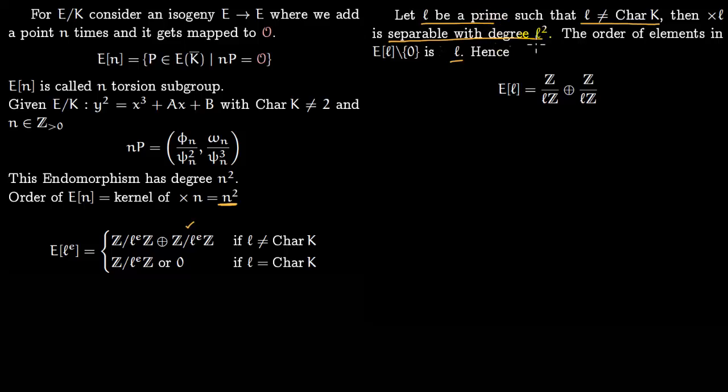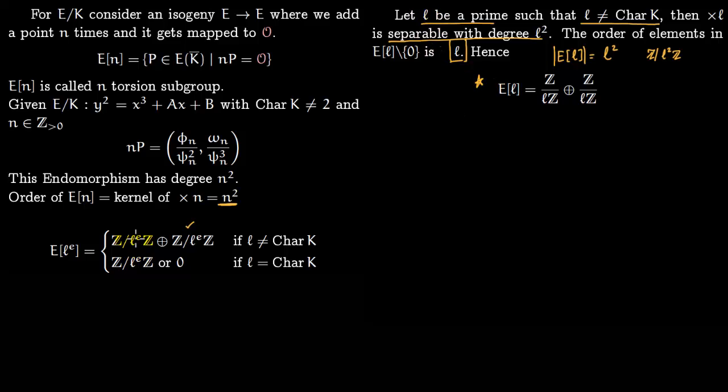So that means the order of the kernel is l squared. So if E[l] is a subgroup, then the order of this subgroup is l squared. But each element which is non-zero has maximum order l. So the only option left is this. We have obviously ruled out this option, because no element has more than l as the order. So this is it. So this is for the first part.